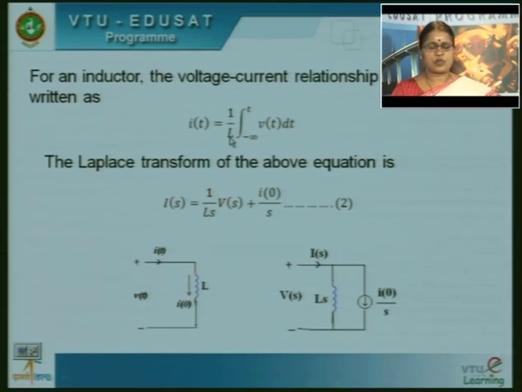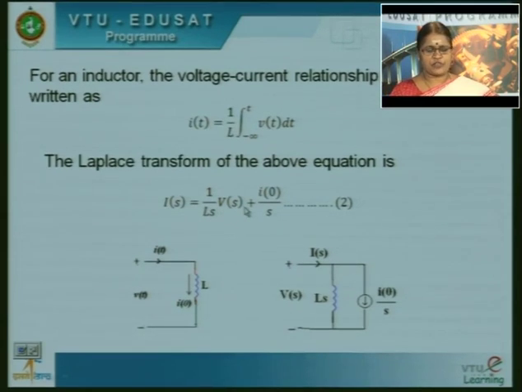This is again the relationship between the current and voltage in case of an inductor. Now, if I take the Laplace transform of the above equation, I can write I of s is equal to 1 by Ls into V of s plus I at 0 by s.